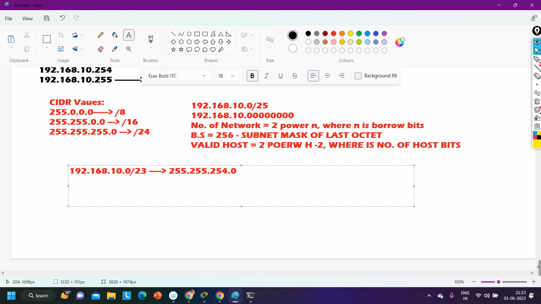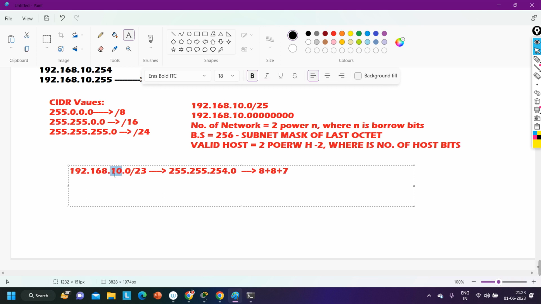This will be the subnet mask. Yes or no? Now it means how many network bits do we have? 8 plus 8 plus 7 bits.